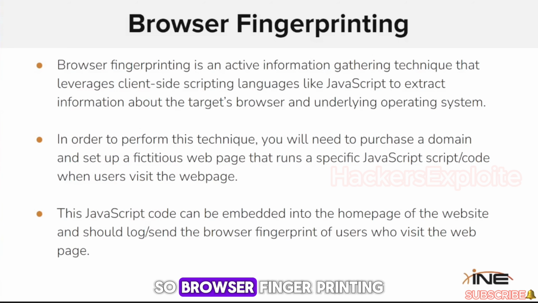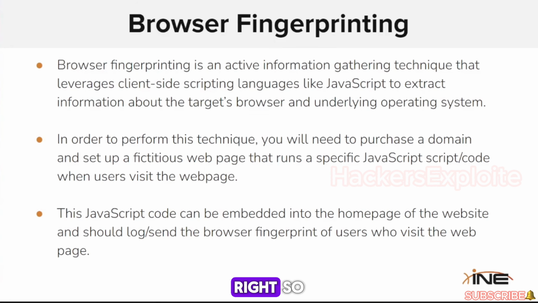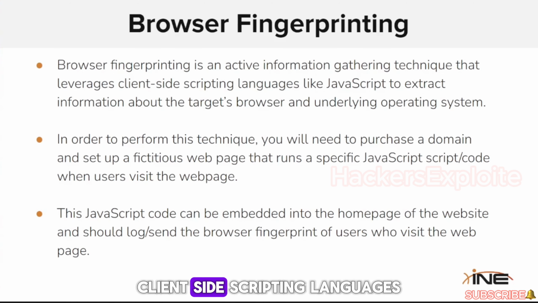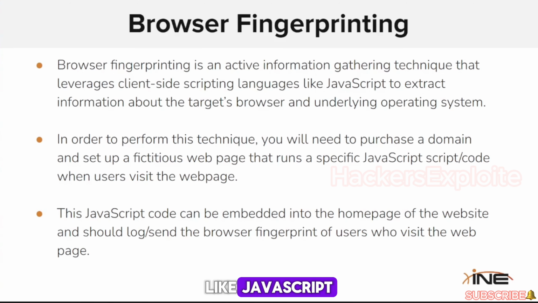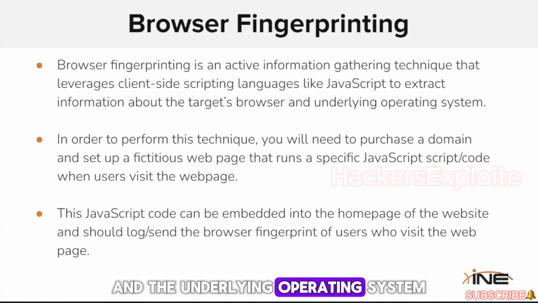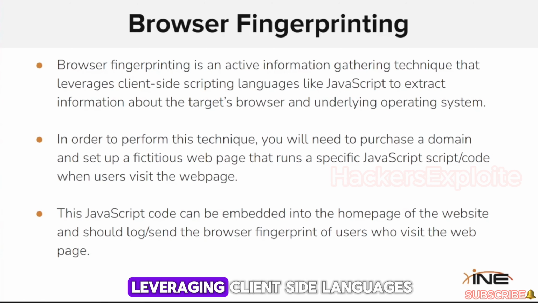Browser fingerprinting is a subset of client fingerprinting that is focused on learning more about the target's browser, the browser that they're using on their computer. It's an active information gathering technique that leverages client-side scripting languages like JavaScript to extract information about the target's browser and the underlying operating system. So why are we leveraging client-side languages like JavaScript?